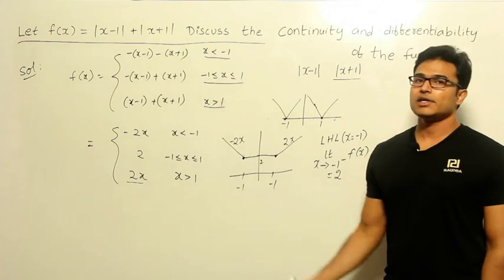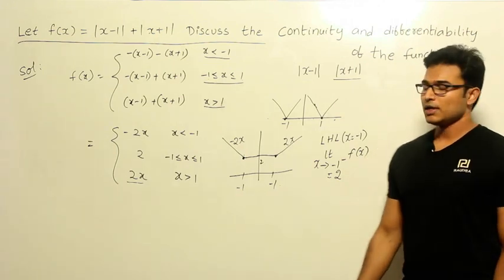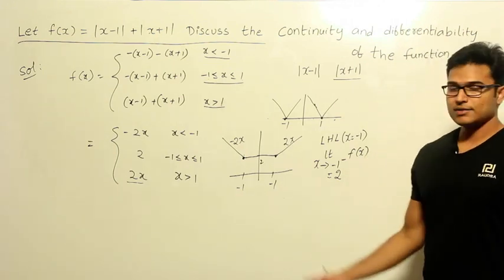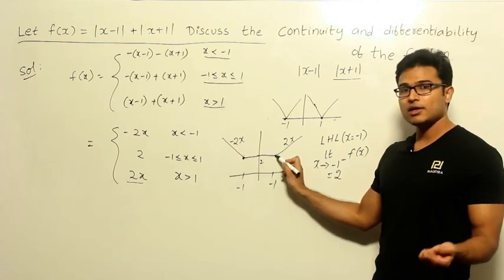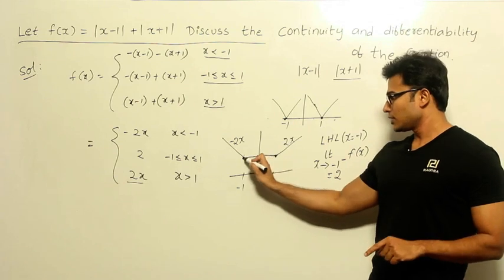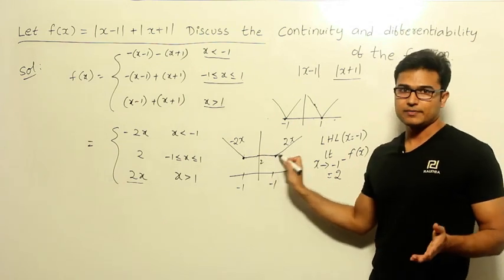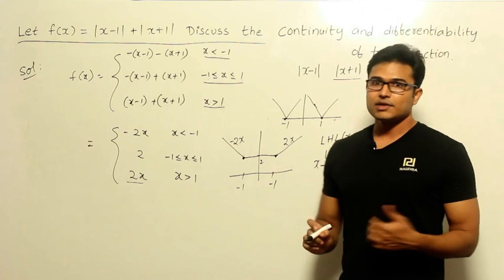Now the only thing we should check is whether it is differentiable or not. Since it is already known that it is continuous and there are only 2 points where it might fail, we can check the differentiability only at these 2 points. That's it. Now that too we can do using the f dash method.